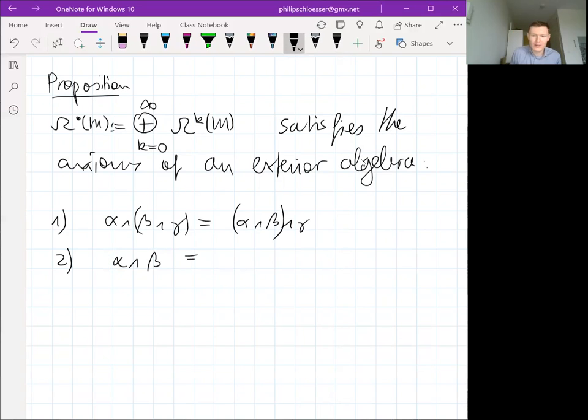If we exchange them, we get a factor of (-1) to the k times L, where alpha has degree k and beta has degree L. And thirdly, wedge is bilinear.